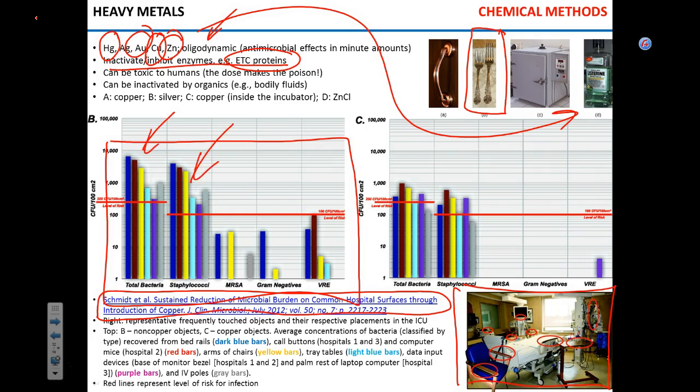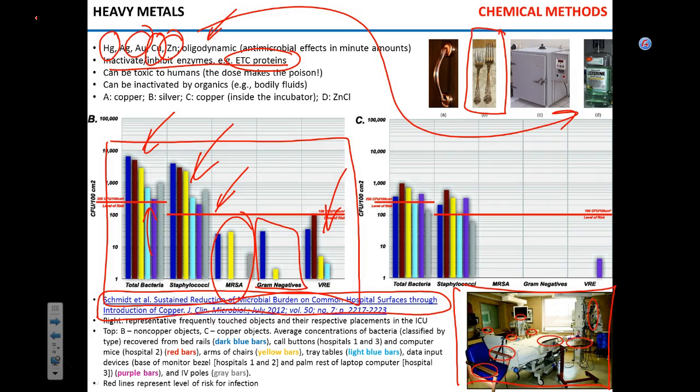That's specifically Staphylococcus, that's MRSA. Gram negatives, like E. coli, enterics, vancomycin-resistant Enterococcus. Now, the red line represents safe levels, but let's acknowledge, it's not safe, it's acceptable.